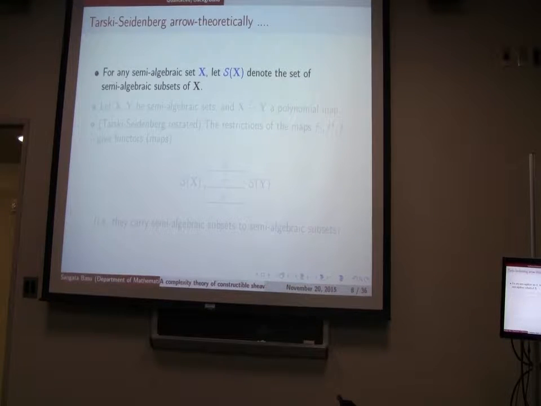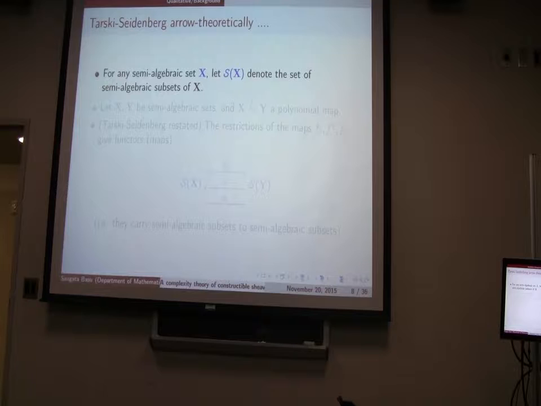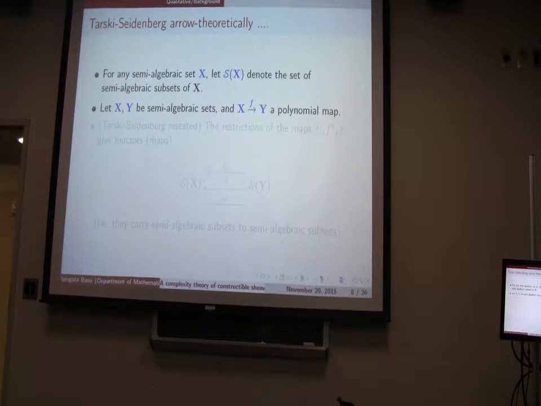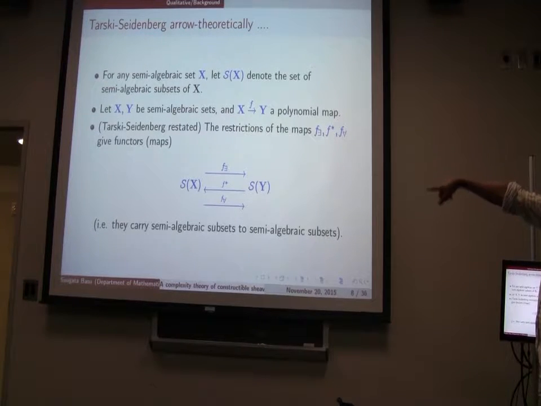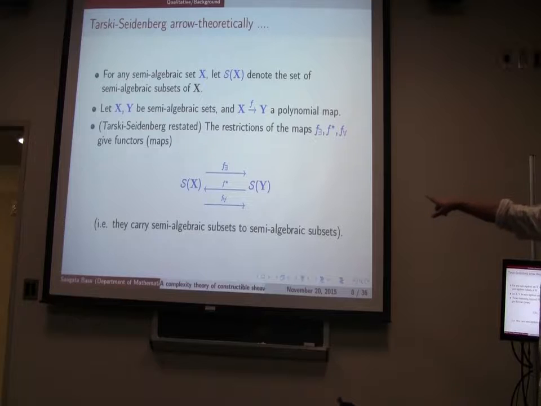And so, if you denote by S(X), for any semi-algebraic set X, the set of all semi-algebraic subsets of X, and if you have a semi-algebraic map, or let's say a polynomial map, then the Tarski-Seidenberg theorem can be restated as saying that f exists, f all, and f star carry semi-algebraic sets to semi-algebraic sets.